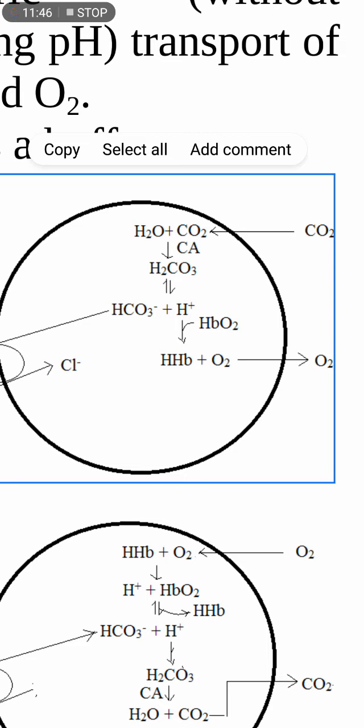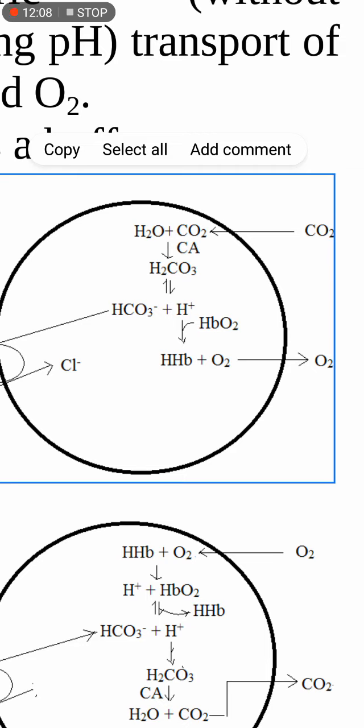As it is a weak acid, it dissociates into two parts, hydrogen ion and bicarbonate ion. Then this bicarbonate ion comes out from the RBC.